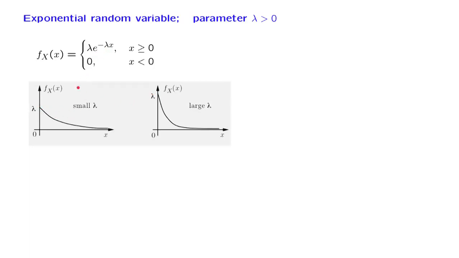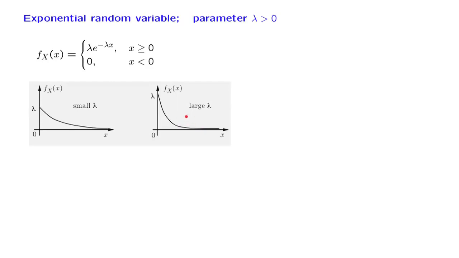Notice that when lambda is small, the initial value of the PDF is small, but then the decay rate is also small, so that the PDF extends over a large range of x's. On the other hand, when lambda is large, then the PDF starts large, so there's a fair amount of probability in the vicinity of 0, but then it decays pretty fast, so there's much less probability for larger values of x.